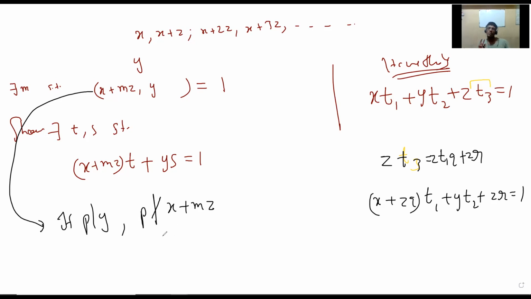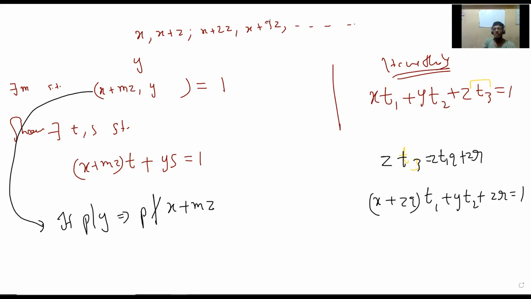That's what you have to do, right? If P divides Y, you want to show that P does not divide X plus MZ. That's the kind of M you have to make, so that P does not divide the sum of these two numbers.